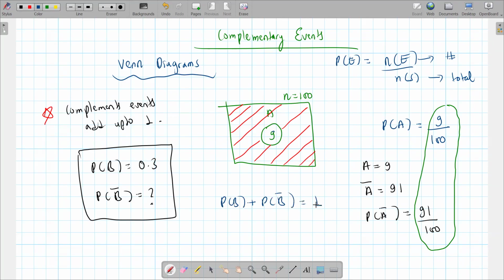So if one of them is missing, you just subtract the other from 1 to get it. So here, if PB bar is missing, I can just do 1 minus the probability of B. 1 minus 0.3, 0.7. Therefore, the probability of B bar is 0.7. You subtract B from 1.